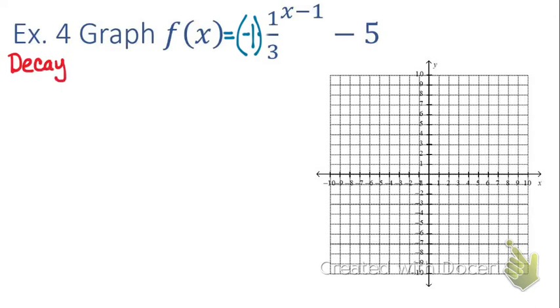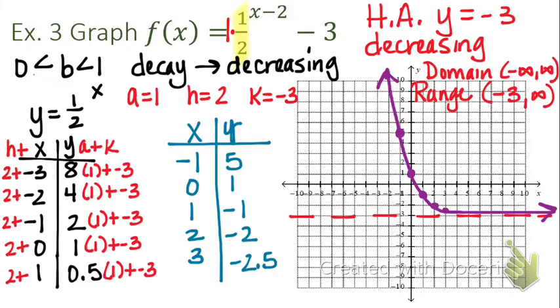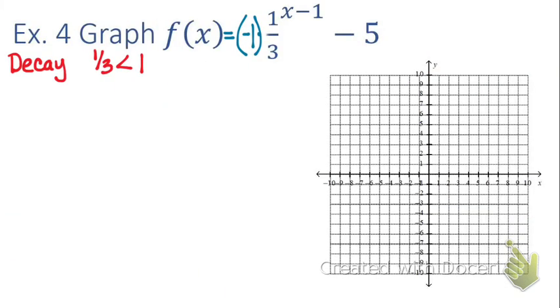So this is decay again because 1/3 is less than 1. So this is a decay graph, and it's going to look like our last graph where it's going to start high and then go low, because the base is a number less than 1. Let's make our chart for y equals 1/3 to the power of x.